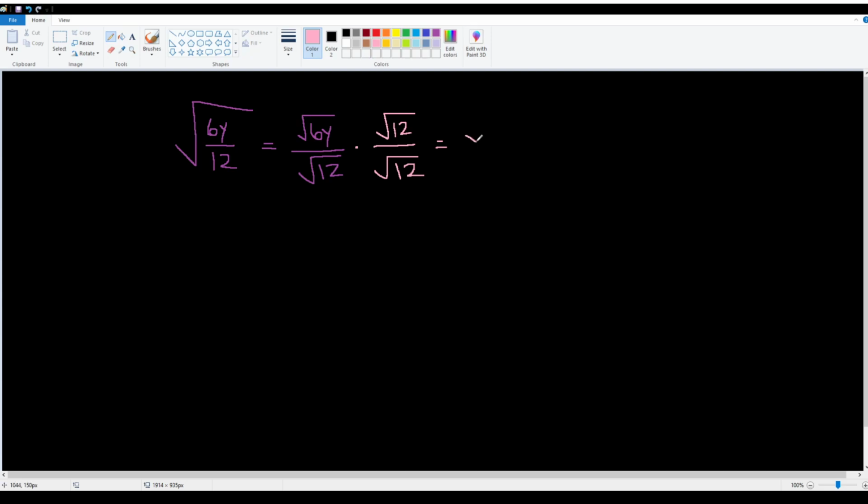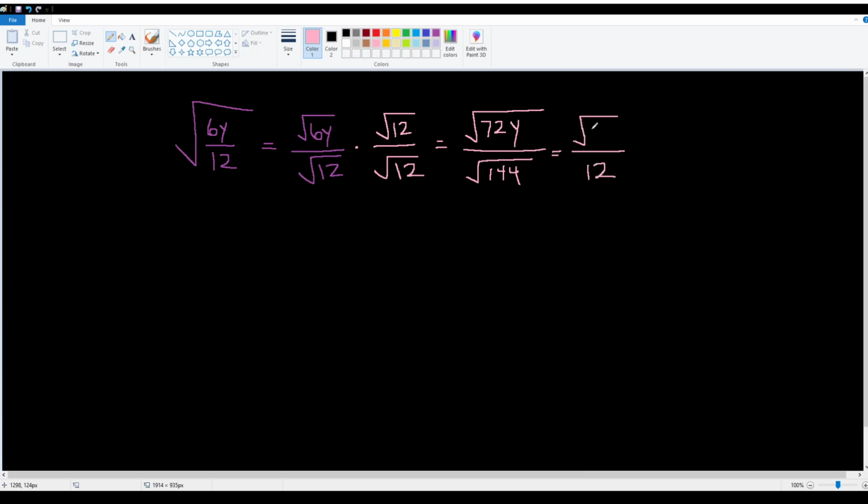I'm going to multiply the top by the square root of 12. 6y times 12, 12 times 6 is going to give us 72y, over the square root of 12 times the square root of 12. That's going to be the square root of 144. But we know that 144 is a perfect square. That's going to be 12.